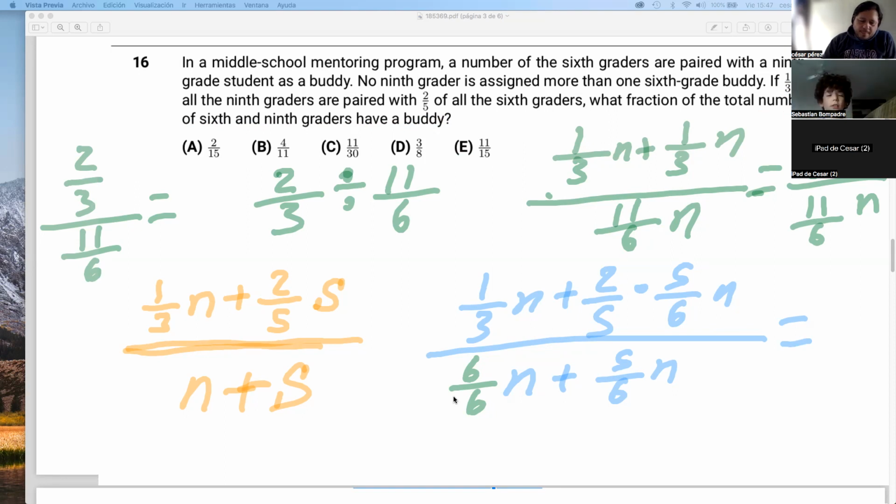And you multiply 11 and 3. So 2 times 6 is 12 and 11 times 3 is 33. 12/33. Or we are going to simplify.